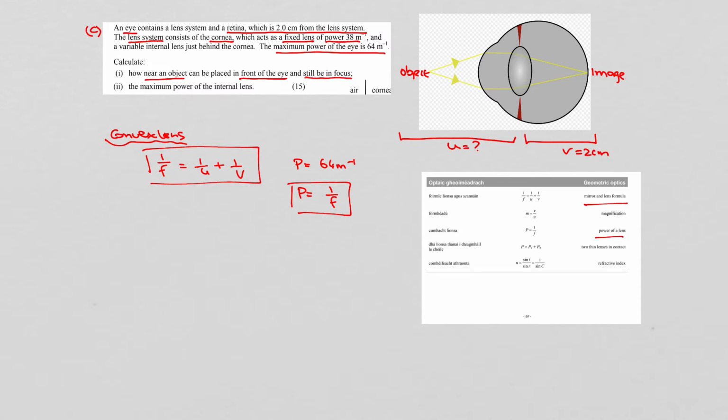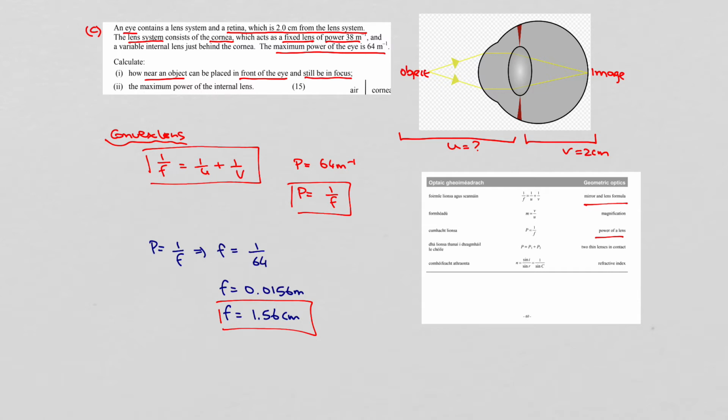So if we sub in our values, we have P is equal to 1 over f. Therefore, f must be equal to 1 over P, which is 1 over 64, which gives us a value for f in metres to be 0.0156 of a metre. But we normally talk about focal length in terms of centimetres, which would be 1.56 centimetres.